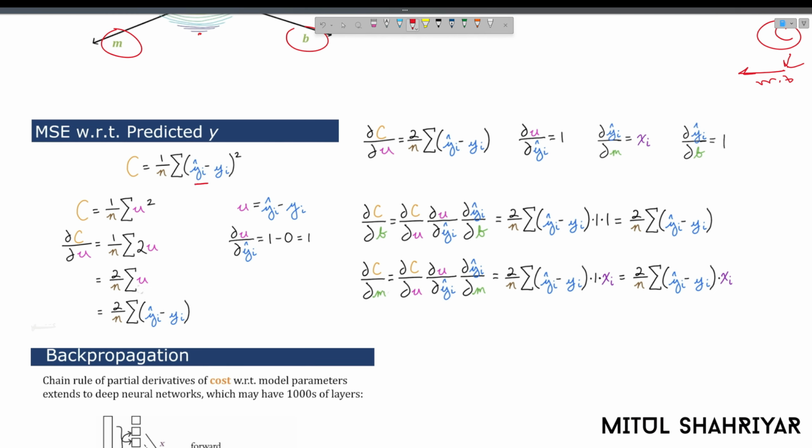We get the y hat, as mentioned, no problem. Then we also have the value that it should be, right? So here you can see y hat and y. We take the difference between them, square it, and multiply by 1 by n, divided by n. This is the format for mean squared error.